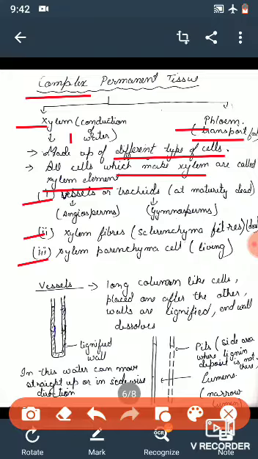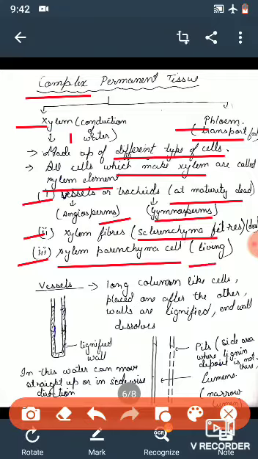Vessels are generally found in angiosperms, whereas tracheids are present in gymnosperms. Both vessels and tracheids are dead at maturity. Xylem fibers are nothing but sclerenchyma fibers, and they are also dead. Xylem parenchyma are the parenchyma cells, which are living.